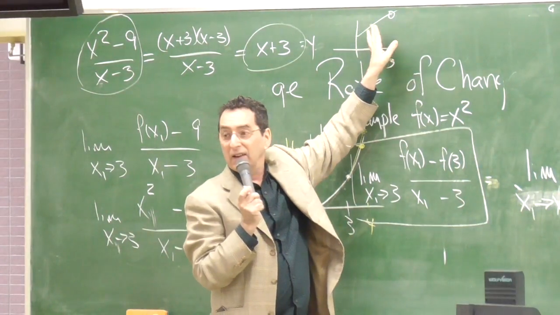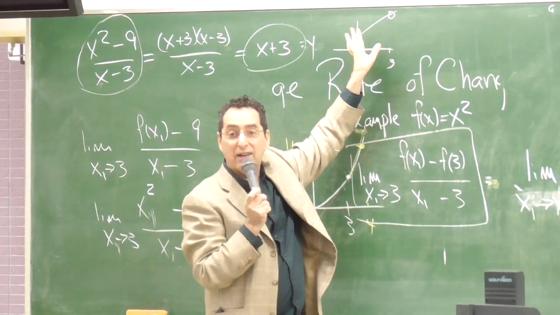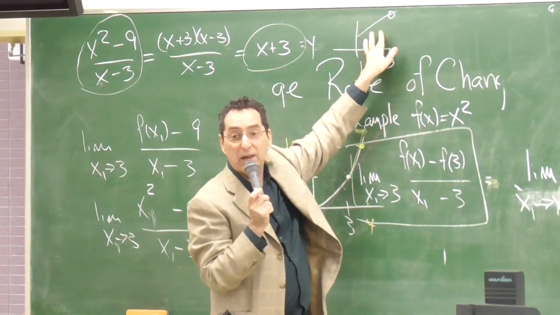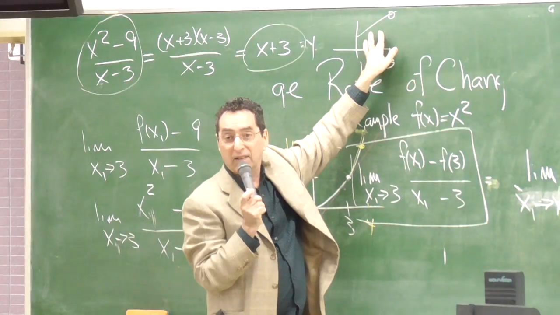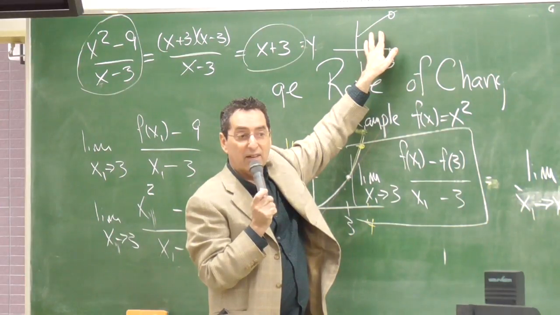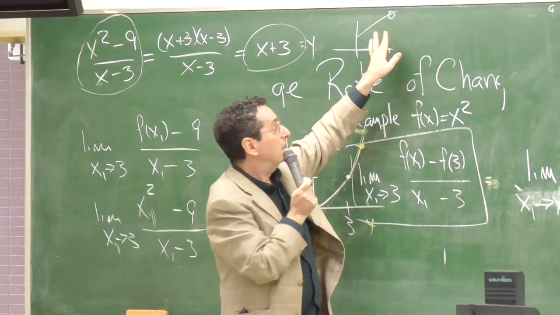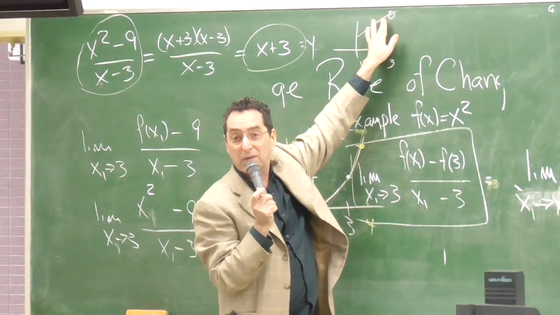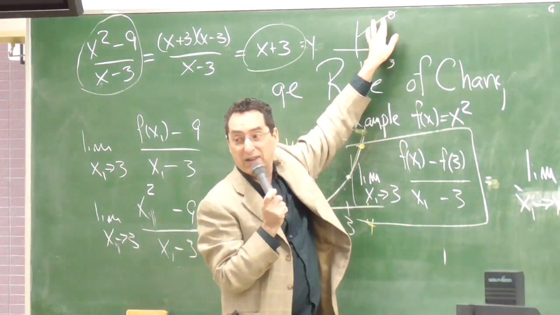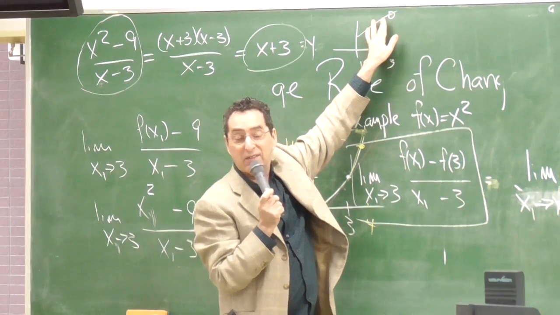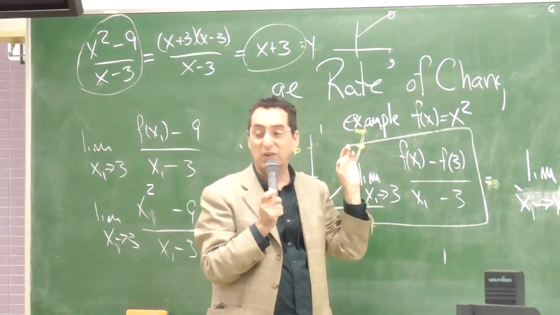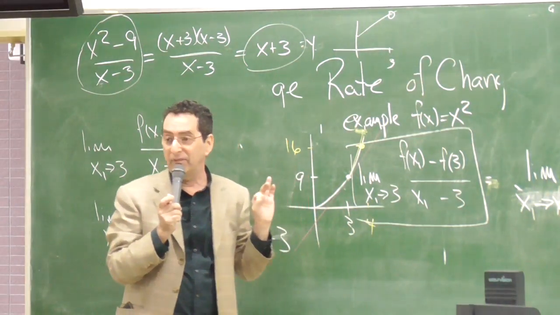Is the limit of this one the same as the limit of x plus 3? Yes. The limit here is going to be the same thing that you would do if this was actually the function x plus 3. It's the same. So we are allowed to do that. We don't have to worry about that little circle there.